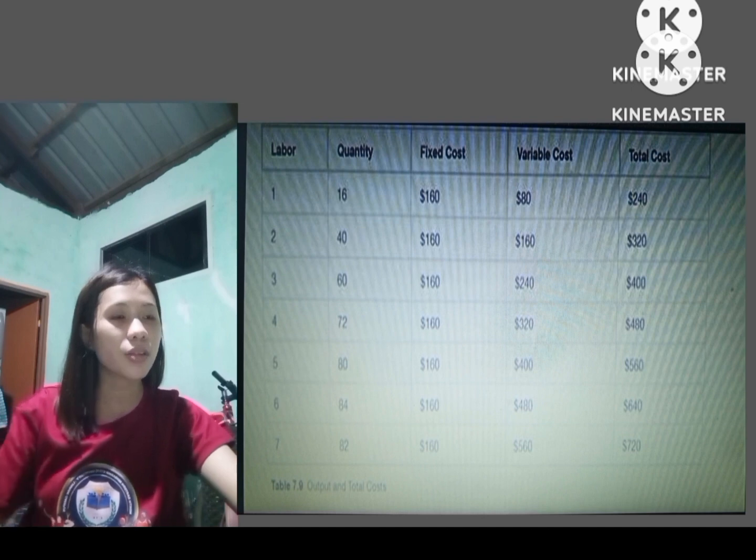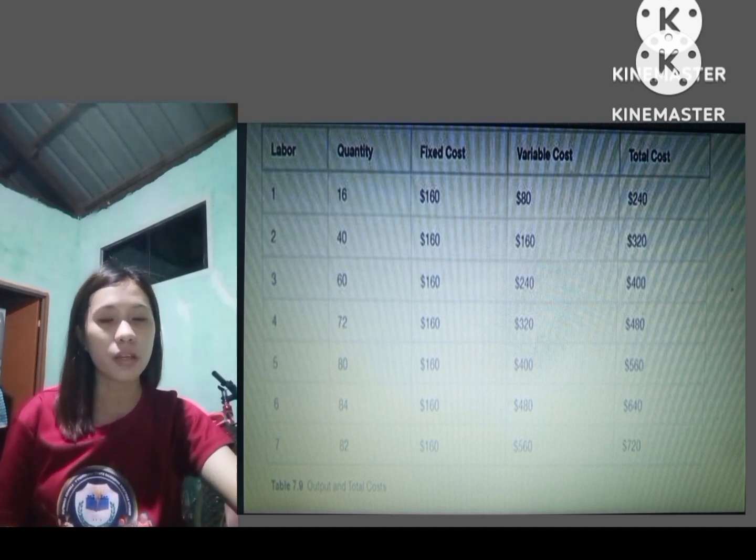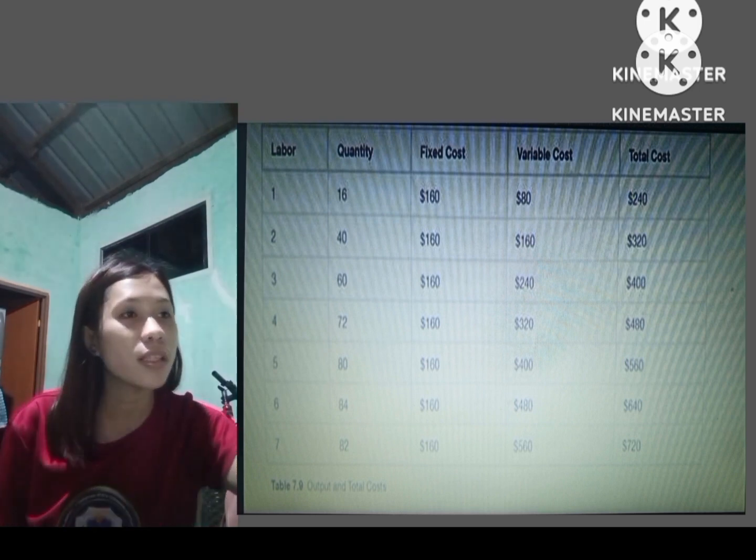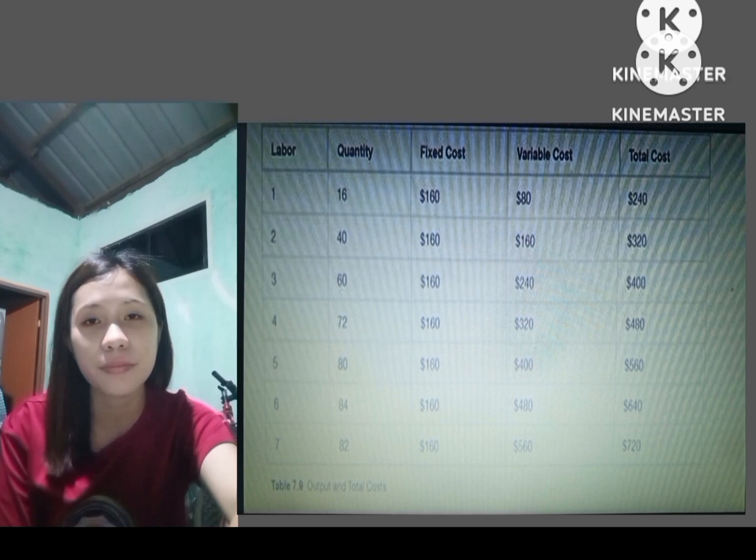This is the cost calculation. Example in level 1. So the quantity is 16, our fixed cost is $160 plus the variable cost is $80. Therefore, our total cost is $240.